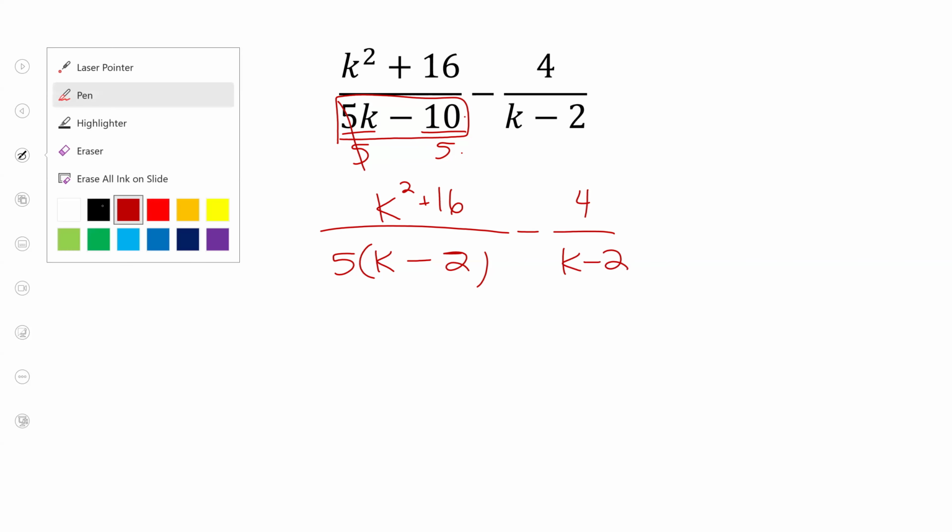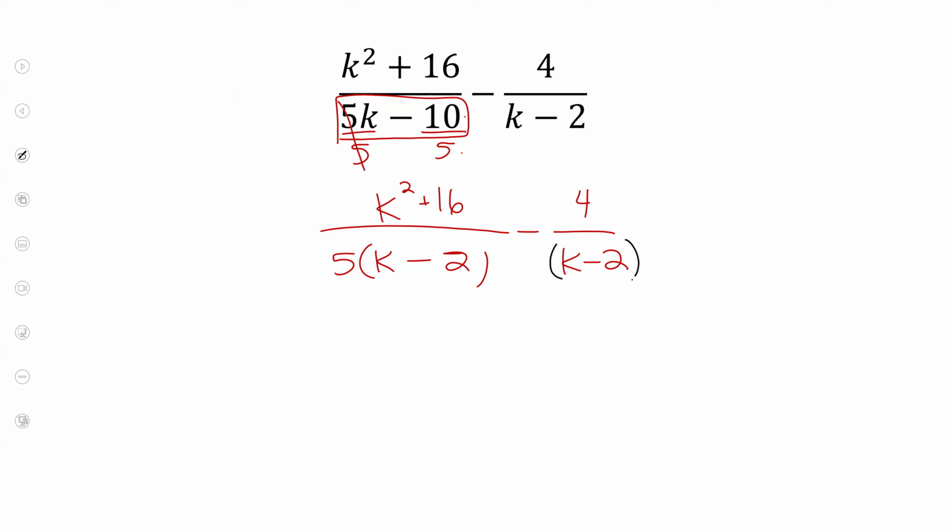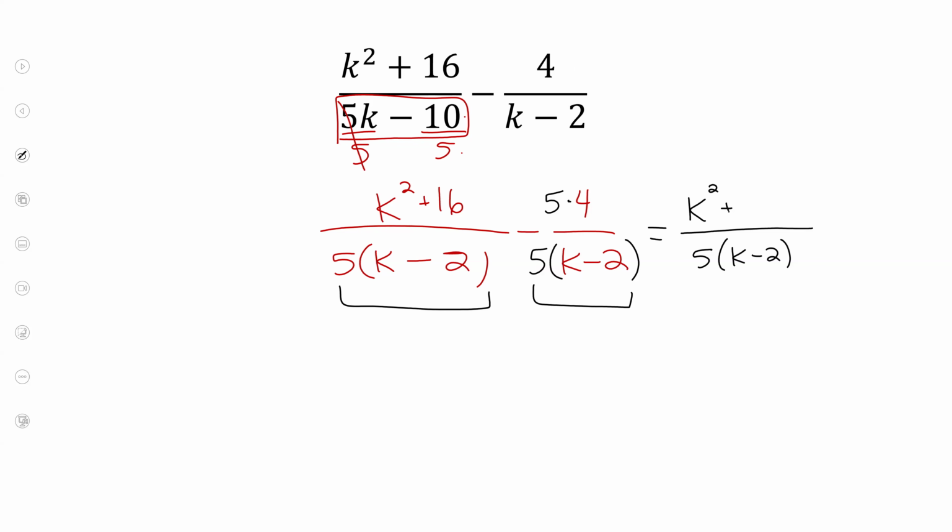Now, to make these look the same, I just need to put a 5 there. Now, my denominators are the same. So, keep the denominator the same, and I'm going to subtract my numerator. I have x squared plus 16 minus 5 times 4 is 20.